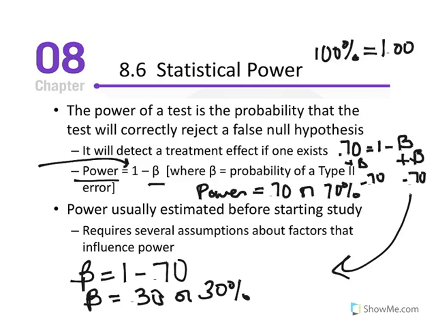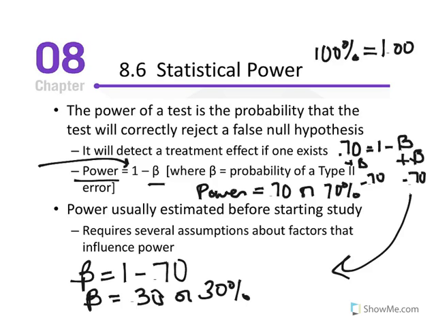So again, unlike alpha that determines the probability of engaging in type 1 error, we don't have a specific value of what beta is equal to, but we can use these other variables. We can calculate power, and then we recognize that what we're talking about is the whole entire distribution, 100% or proportion of 1, and then use the variables we have to figure out the probability of engaging in a type 2 error.